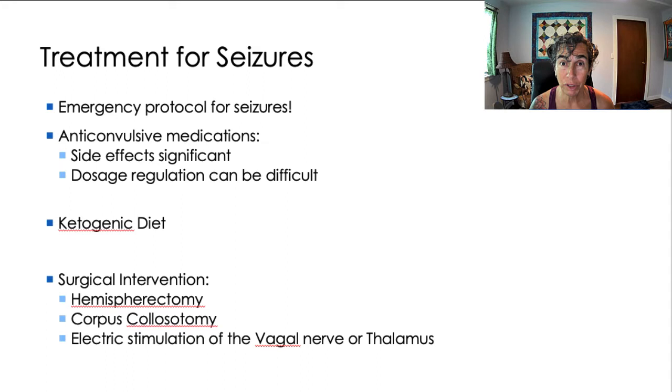Sorry, I've lost my language at this point in the day. And let me back up. The hemispherectomy is the removal of part of one of the hemispheres. The corpus callosotomy is a separating of the two sides of the brain, and then electrical stimulation of either the vagal nerve or the thalamus to help reduce the frequency of seizures.